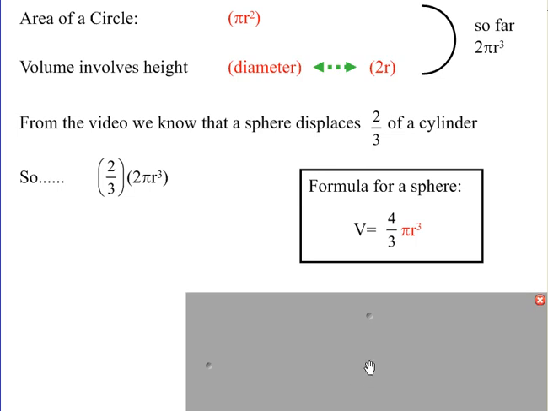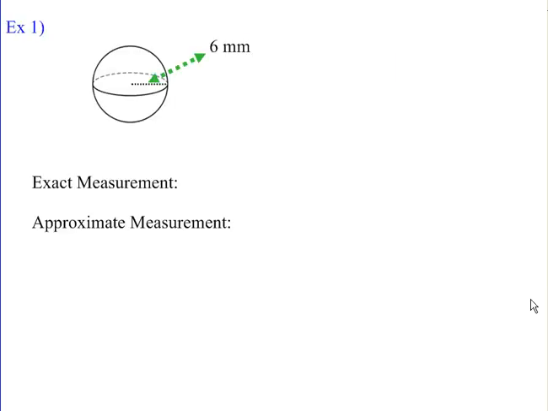So we're going to do one problem using this formula of 4/3 pi r cubed. Here we have a sphere, and this 6 millimeters is a radius because it only goes halfway. Let's remember our formula, V equals 4/3 pi r cubed.